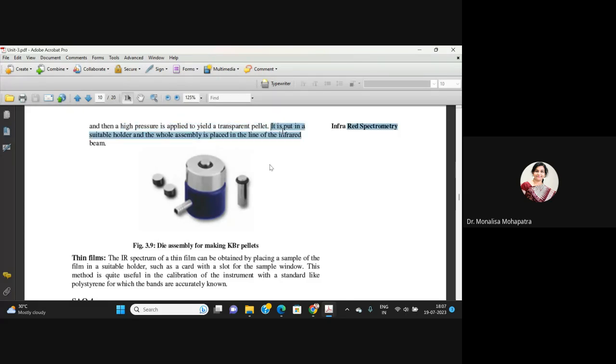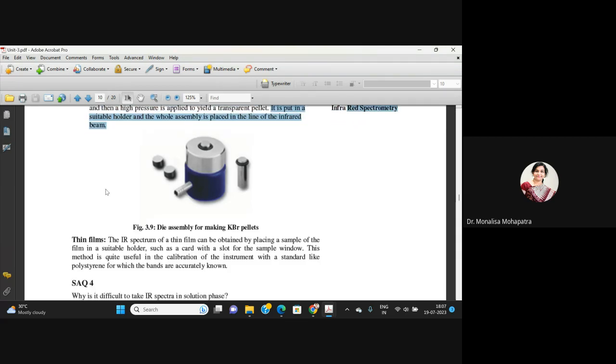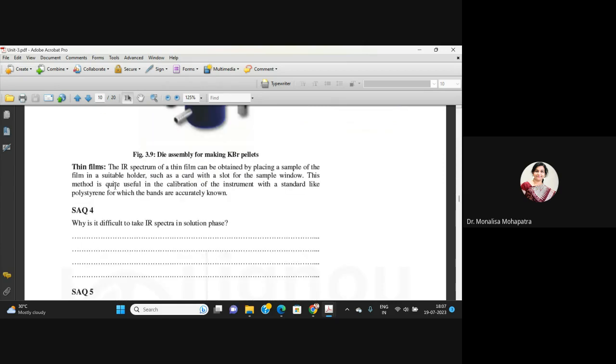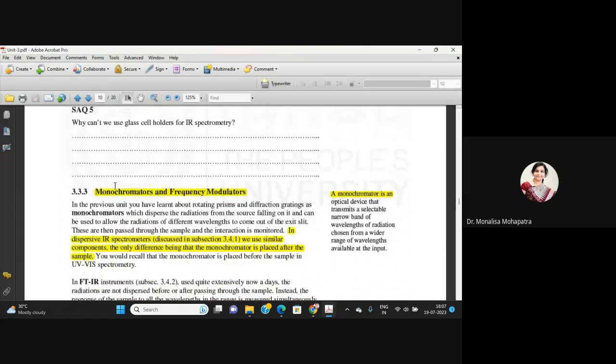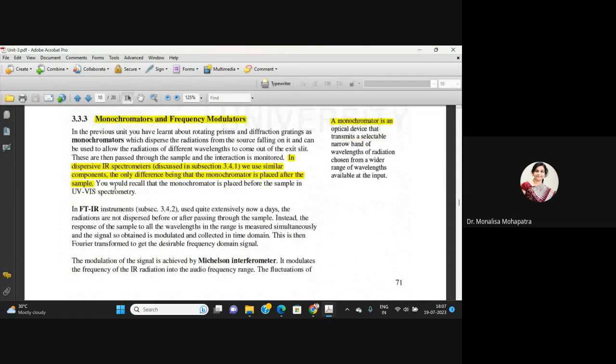So it is put in a suitable holder, or the whole assembly is placed in line, then irradiate with the infrared beam. So basically what is happening, you are just making the pellets and irradiating with the light beam. Then your monochromator or modulator comes into the picture.